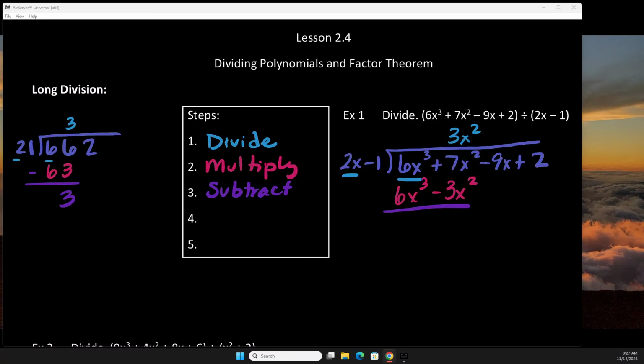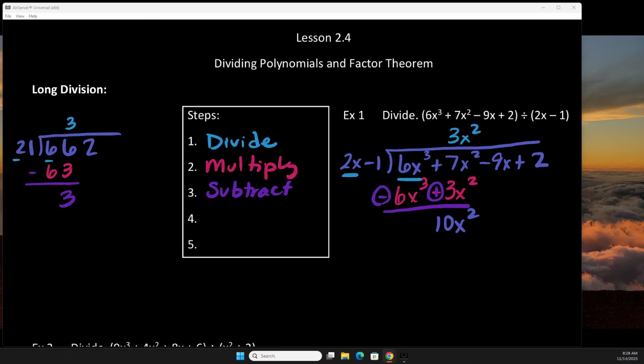What I like to do is change the sign and then circle it. That way you make sure you're subtracting both. Whenever we do 7x squared plus, no, it's now plus 3x squared, that's going to be 10x squared.